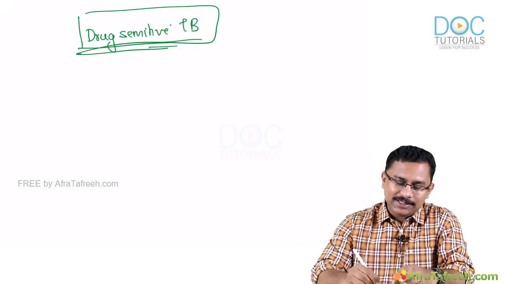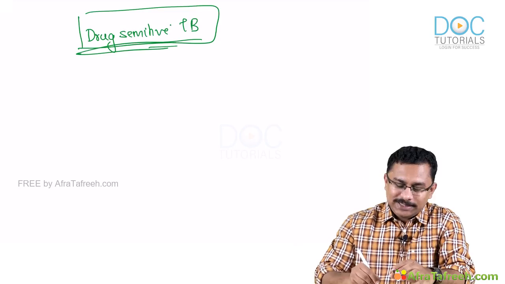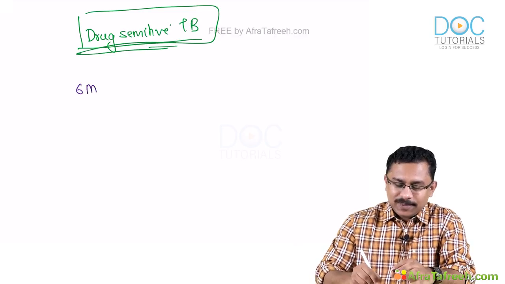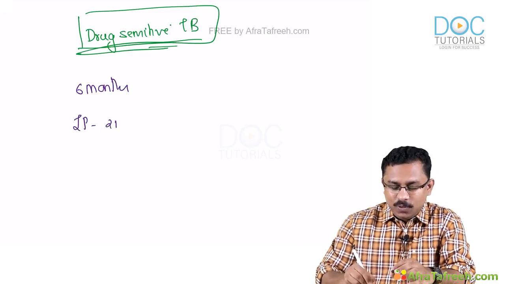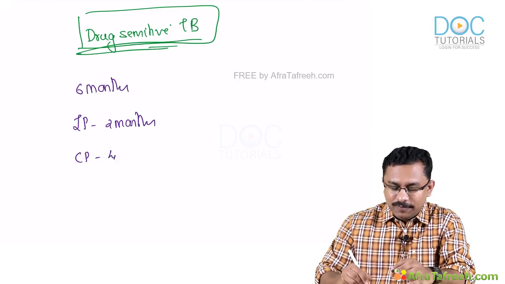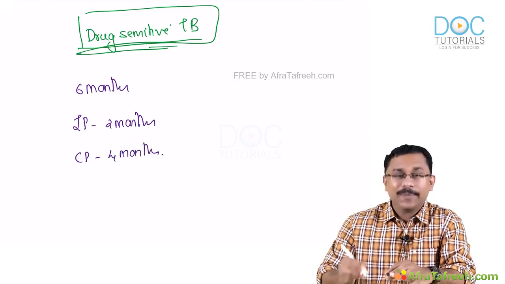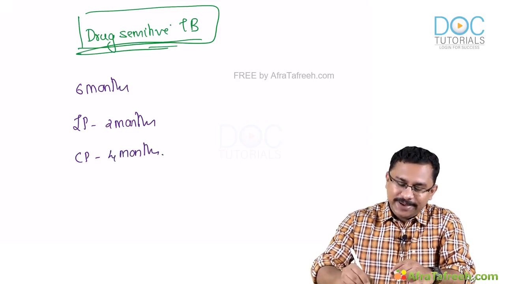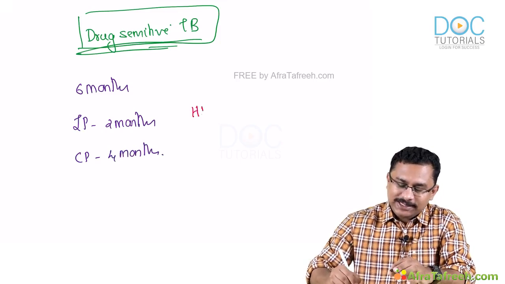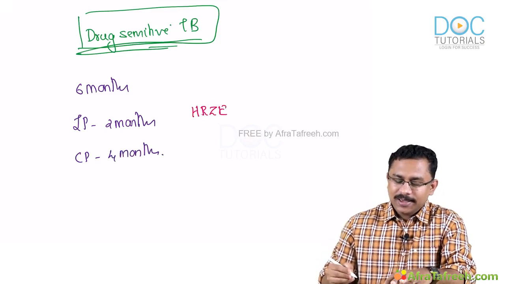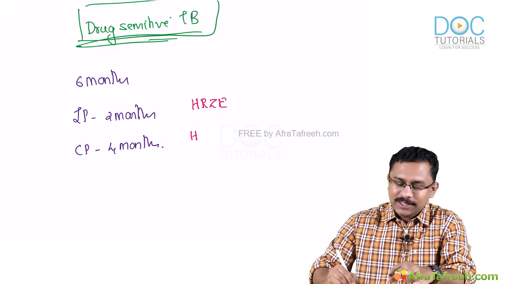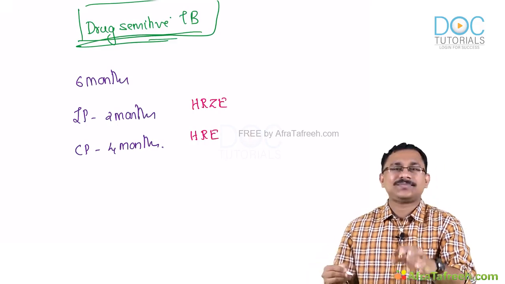In such a case, the total treatment duration is 6 months, where you have an intensive phase of 2 months and a continuation phase of 4 months. In the intensive phase, you will give HRZE, and in the continuation phase, you will give HRE.